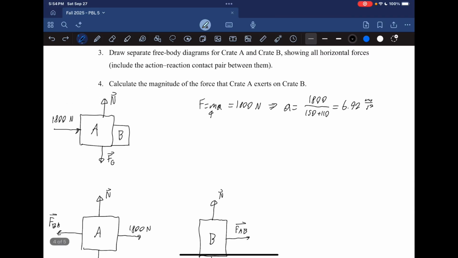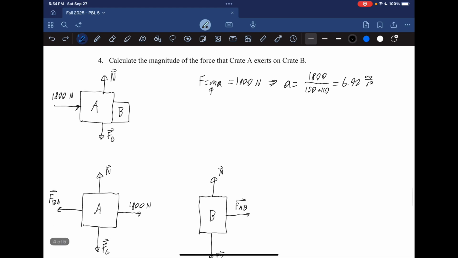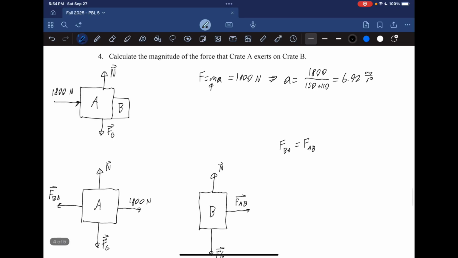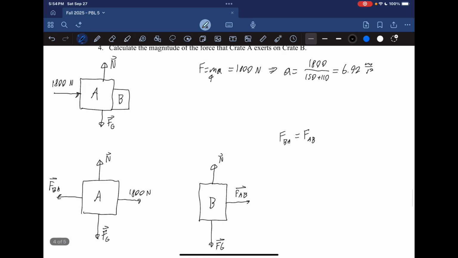So the last thing is to calculate the magnitude of the force that crate A exerts on crate B. So that would be this force of A on B. However, since we know that these are contact forces, the same way that normal force and the force of gravity are equal to each other with opposing directions, we can say that the magnitude of the force of B on A is equal to the magnitude of the force of A on B. We can use that now to determine the magnitude of the force that crate A exerts on crate B.